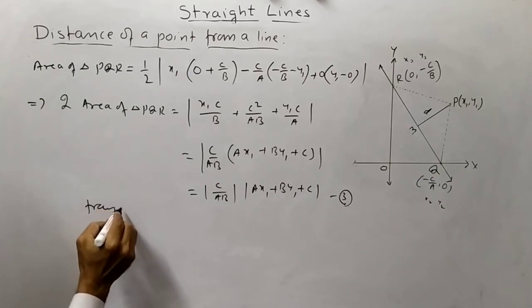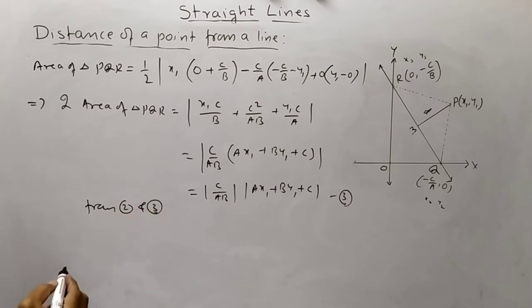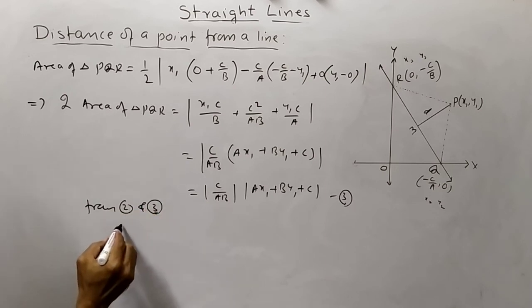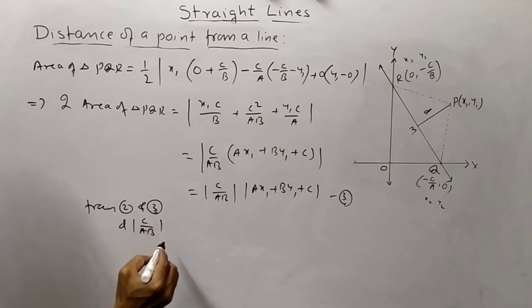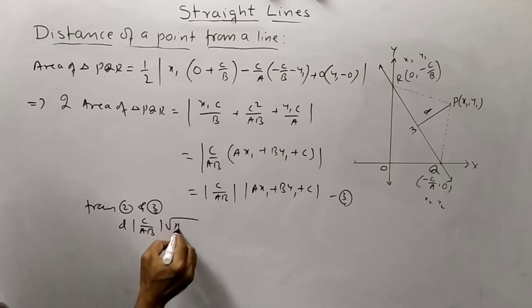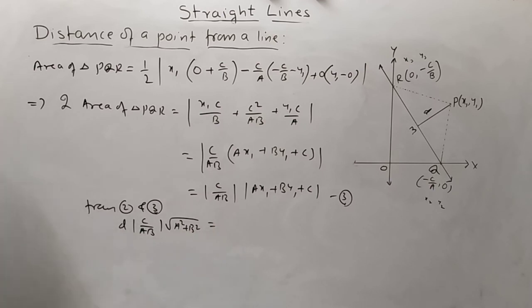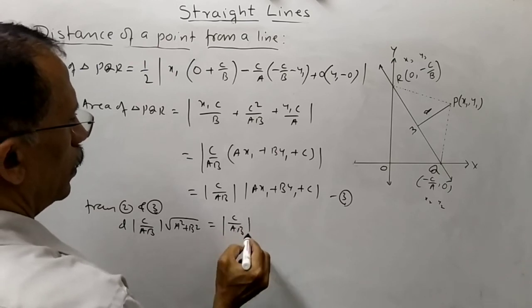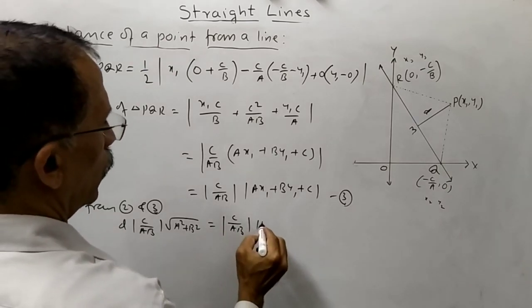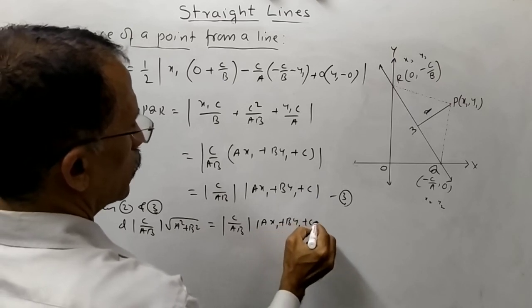From 2 and 3, d into modulus of c divided by ab into square root of a square plus b square is equal to modulus of c divided by ab into modulus of ax1 plus by1 plus c.